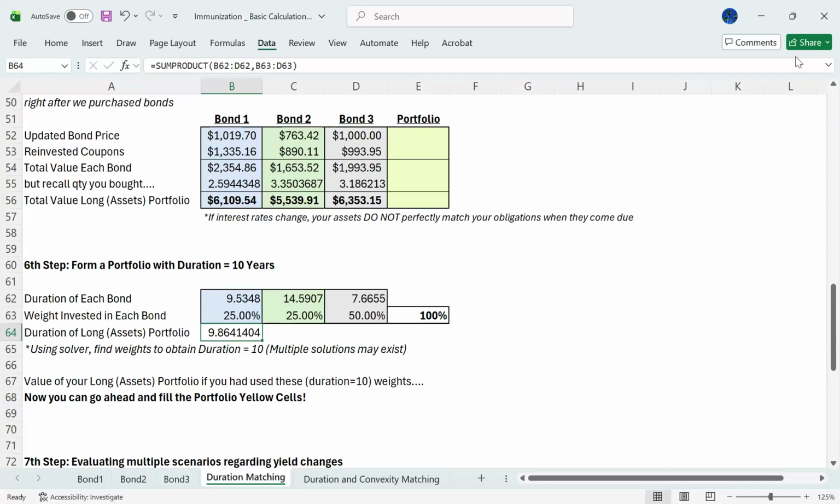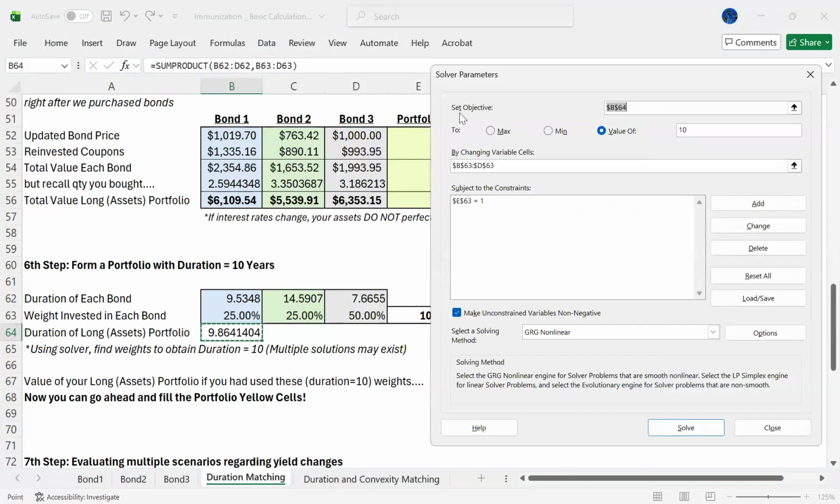So let's go to Data, Solver, and then we essentially set the objective. This is my objective cell. My objective function is B64. I want Solver to meet a goal regarding this particular cell. And the goal is I want that cell to be equal to 10.